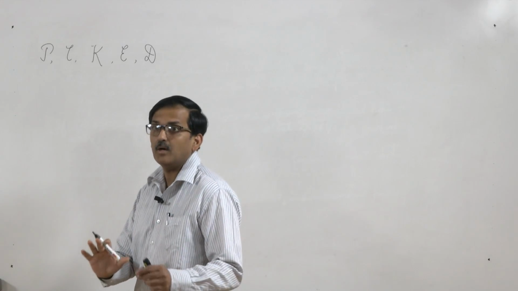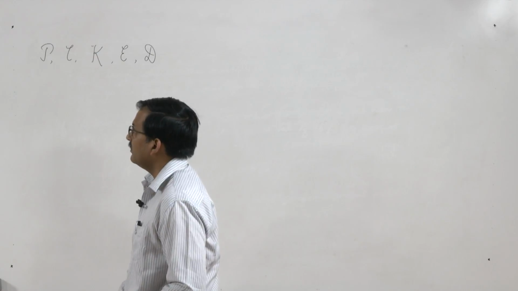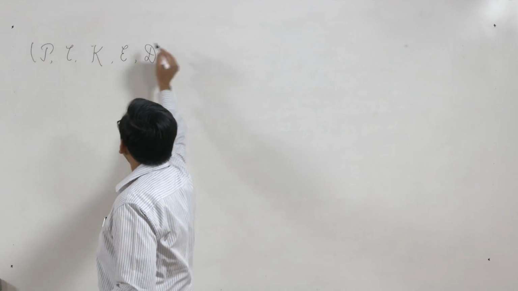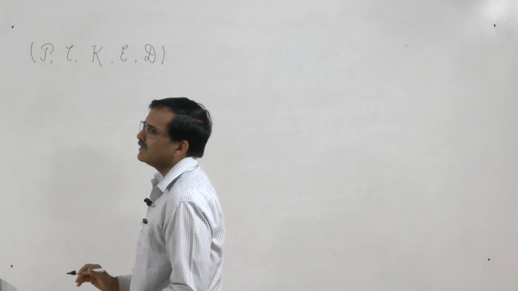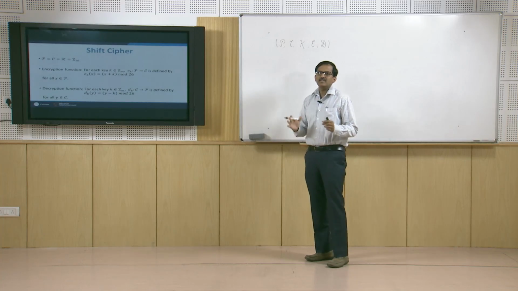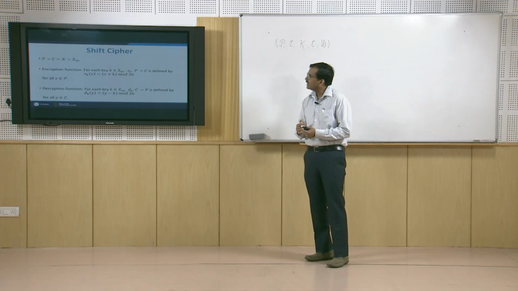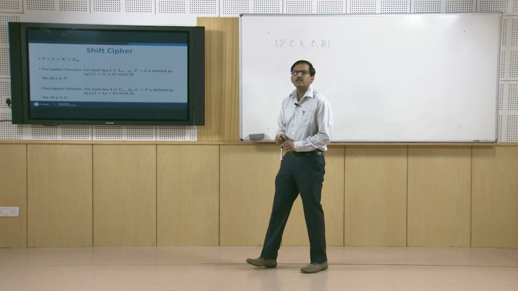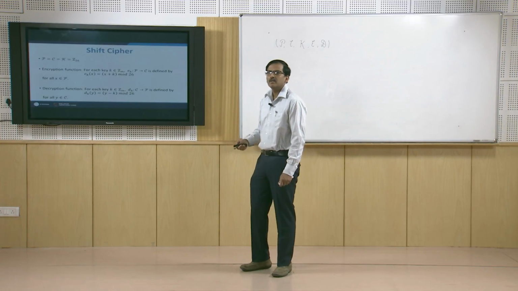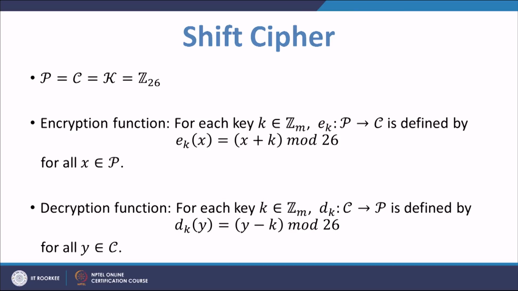We will see how it happens in this particular example, but this 5-tuple is needed to specify a crypto system. Now, our specific crypto system is called the shift cipher.